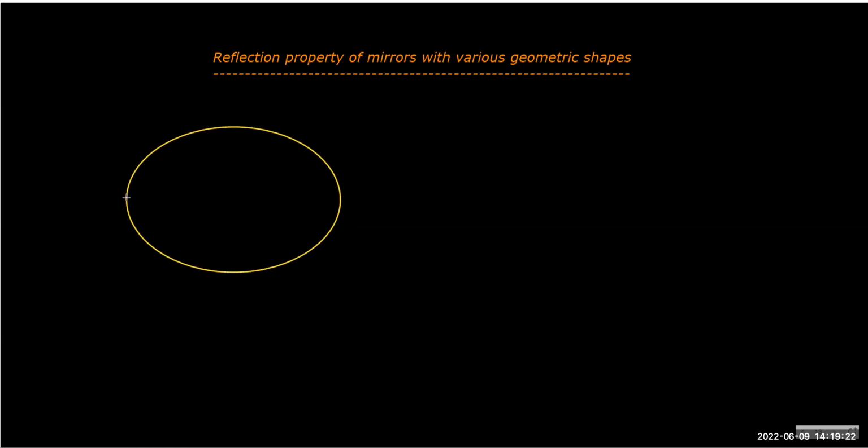In the case of an ellipsoid or elliptical mirror, an ellipsoid is the actual 3-dimensional shape and elliptical is the 2-dimensional equivalent.